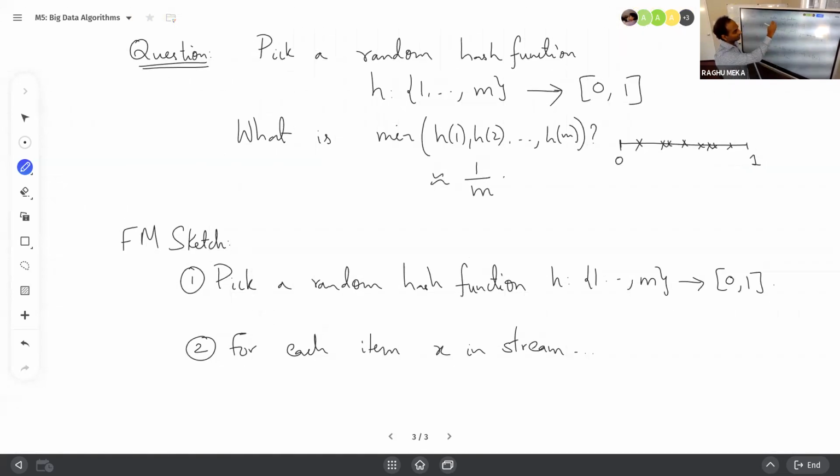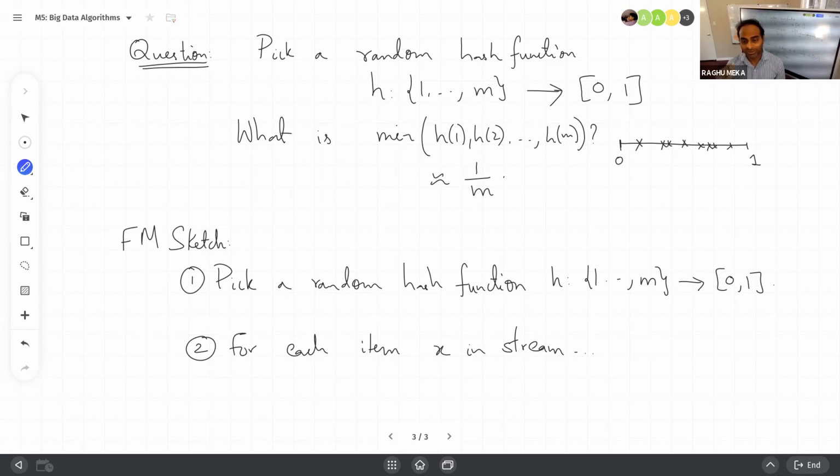So if I go with this intuition that if I pick s points on the interval at random, the minimum is going to be about 1 over s, how can I use that to get an estimate of the number of distinct elements?